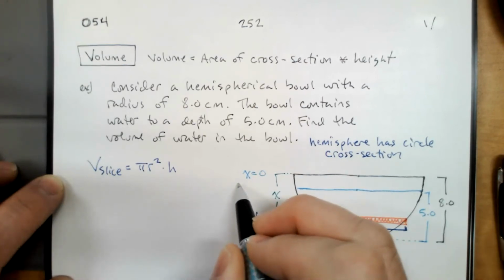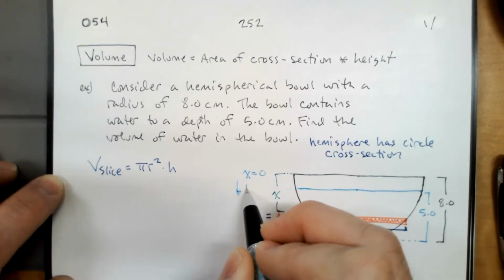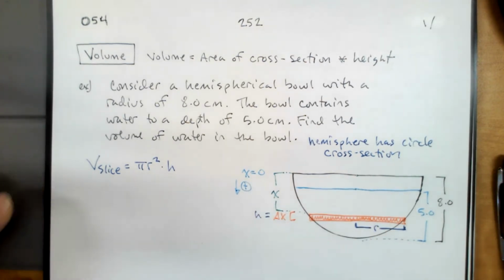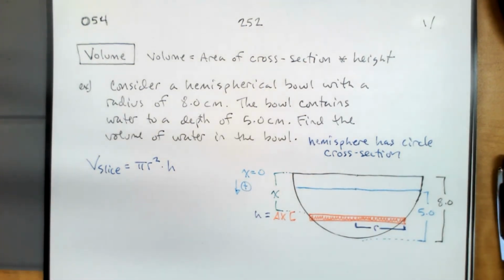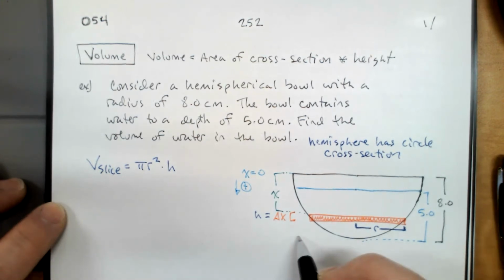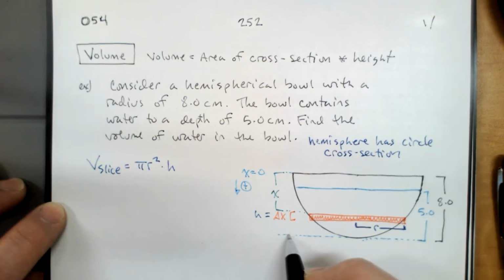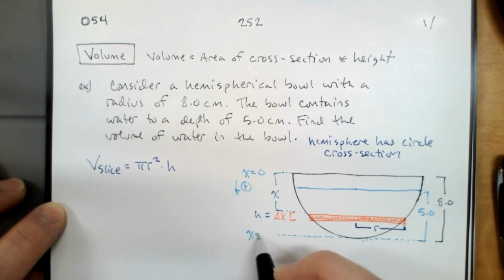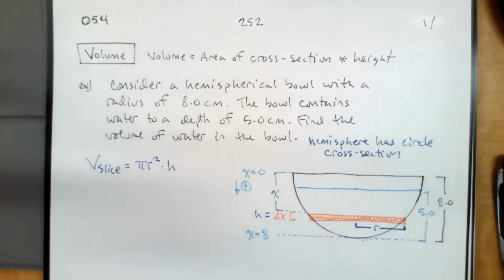Furthermore, down is the positive direction. So x is the distance of the slice from the top of the bowl. And that means down here at the bottom, x is equal to 8, as the radius of the bowl is 8 centimeters.